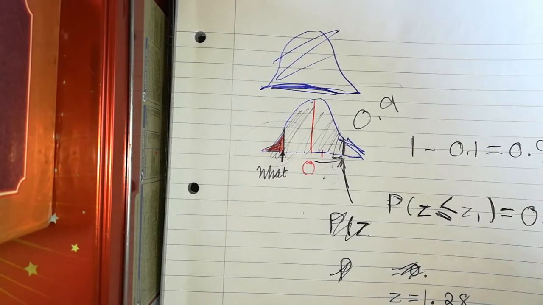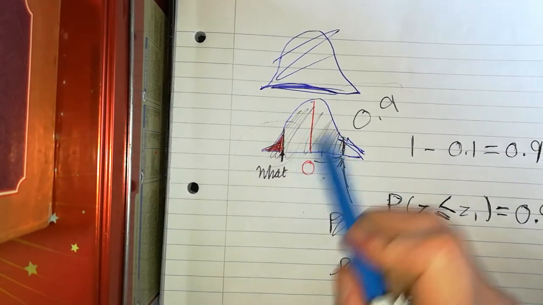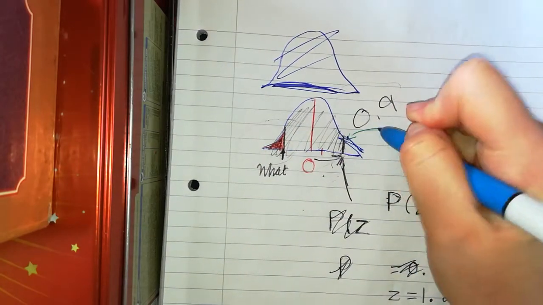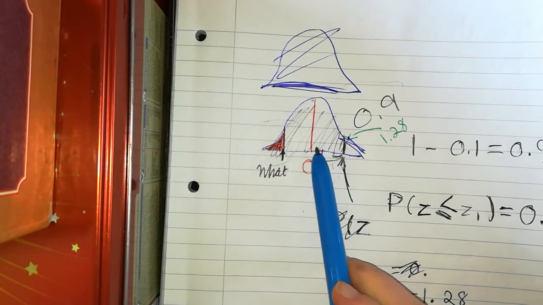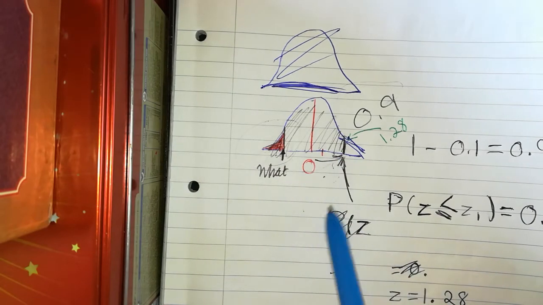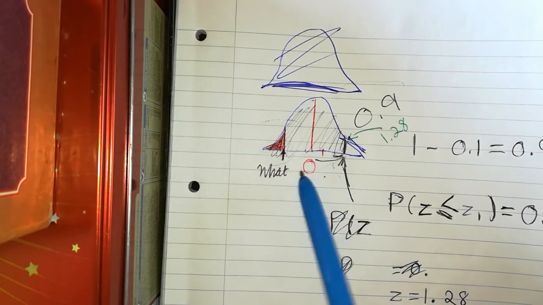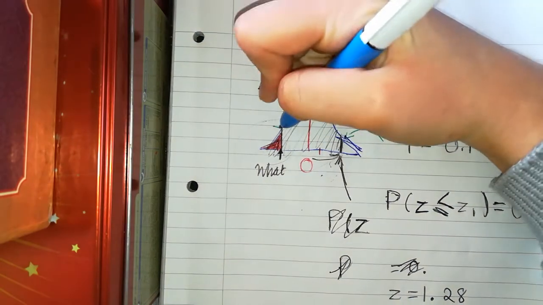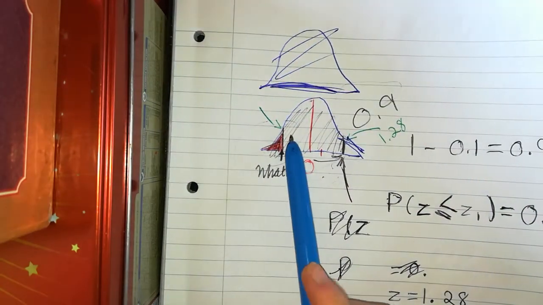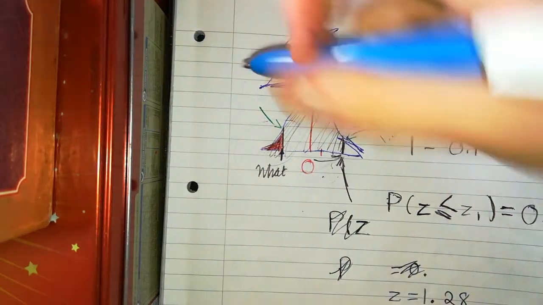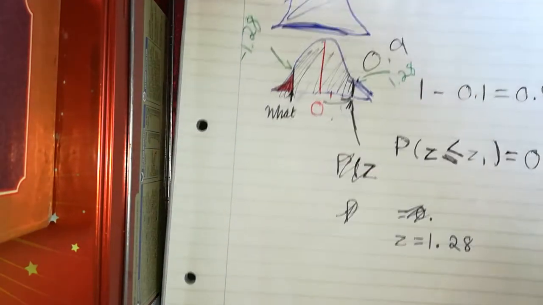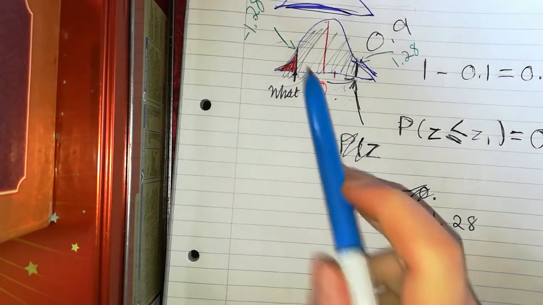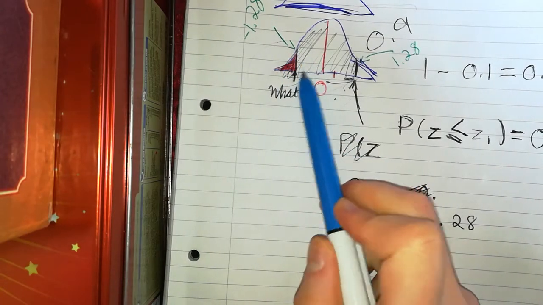So for the 90%, say if this is all 90% here, my z value is 1.28. But on this side, it's going to be minus 1.28.